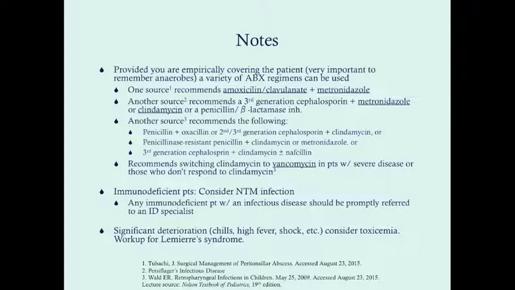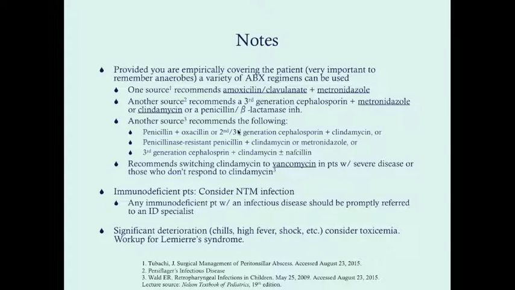Another source recommends a third-generation cephalosporin plus metronidazole or clindamycin. That's fine too. So that sort of goes along with what we were recommending in the lecture. But this says that you can also use a penicillin beta-lactamase inhibitor, probably in substitution for the cephalosporin.